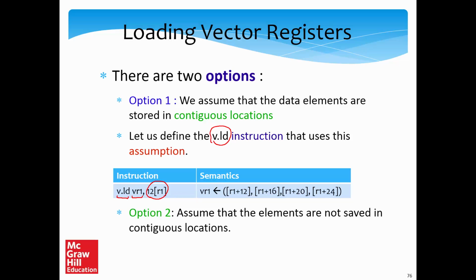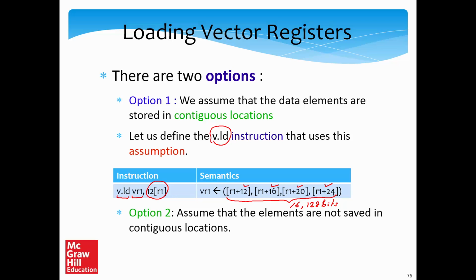Here we go to the memory address and load the subsequent 16 bytes. One address starts at R1 plus 12, another address starts at R1 plus 16, one at R1 plus 20, and one at R1 plus 24. At each of these addresses we load 4 bytes. We are assuming that the total size of the vector register is 16 bytes, or alternatively 128 bits.